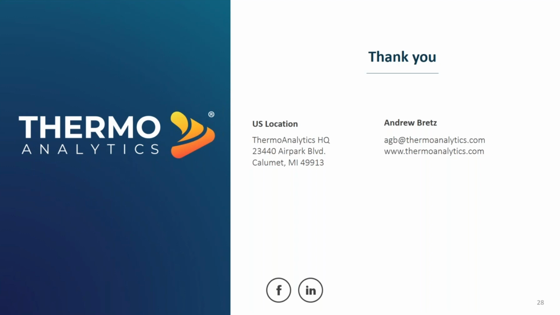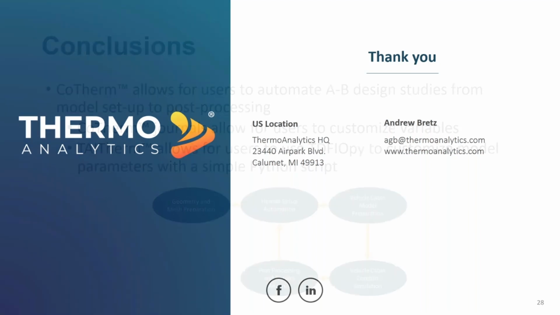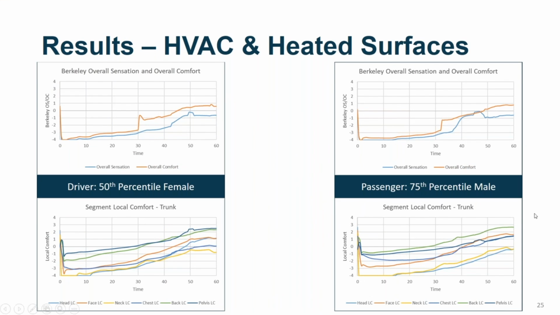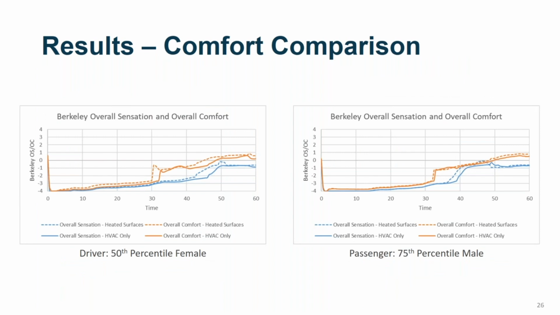How is the body part map assigned for each human? The body part map is assigned for each human through a dialog in CoTherm. One of our key properties in CoTherm is a user-defined selection, where you select an assembly in your model to represent the driver.